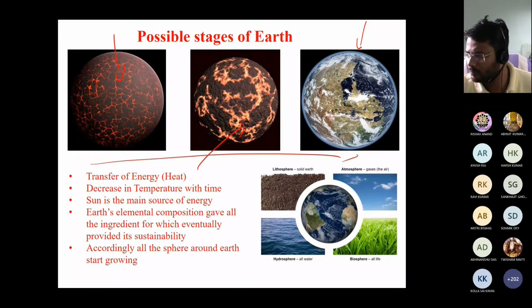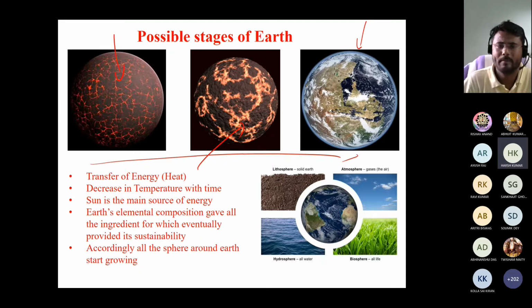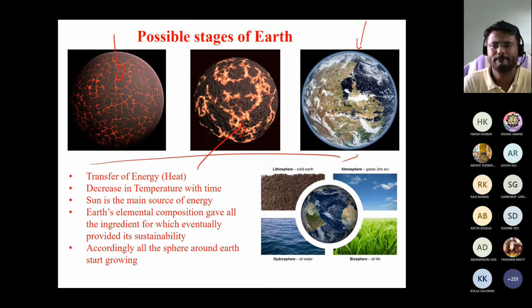Okay. Yes, sir. Sir, one doubt. Yes. Sir, if the Earth gets cooled down till the core, will it affect the biodiversity of our planet? Not only life, biodiversity, it will affect everything.